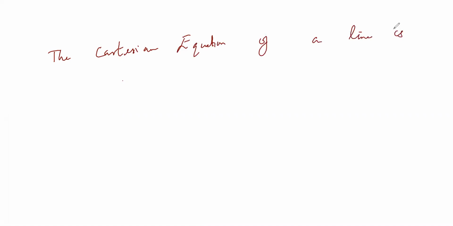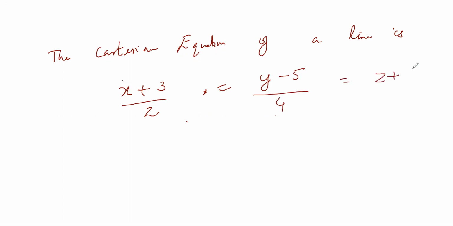The next question I'm going to give is: the Cartesian equation of a line is (x + 3)/2 = (y − 5)/4 = (z + 6)/2.